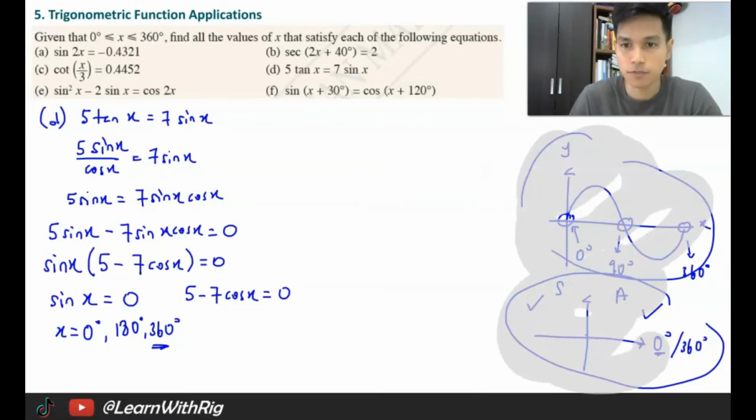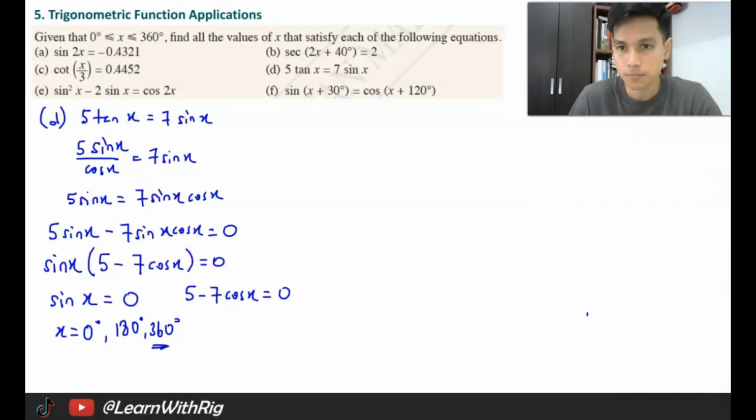So you have to solve the cos part now. Cos x, if you rearrange this, you will get cos x equals 5/7. So again, what's the reference angle? Start with the reference angle. Reference angle would be equal to 44.4.